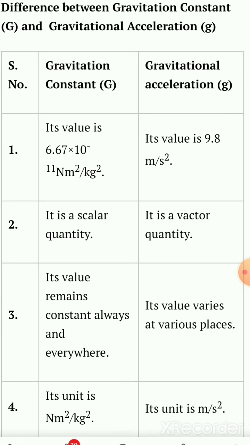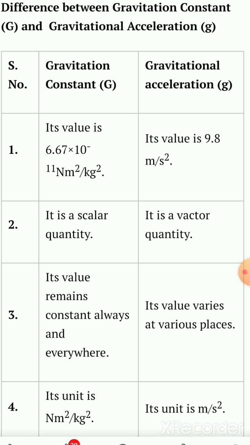Clear? After this, we have come to the fourth point of the differentiation between these two, and the fourth point is its unit. The unit of capital G is Newton meter square upon kg square. You know the formula, how we calculate capital G from the universal law of gravitation.